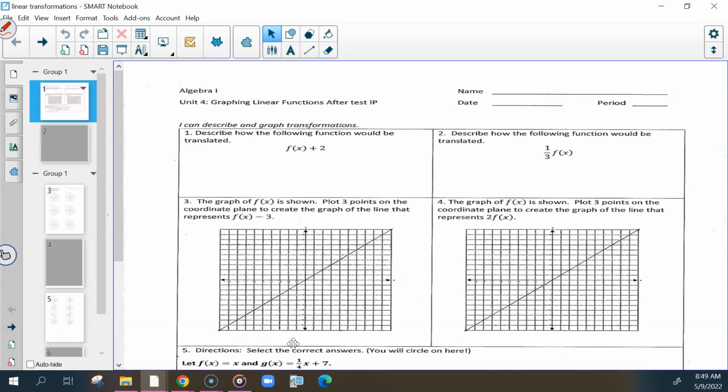Alright, so briefly when we talked about transformations, we're talking about how we compare the y-intercepts and the slopes. And we're doing the same thing here. If we have something that shows that we are adding or subtracting outside of the function, that's our y-intercept, really our y-intercept is changing.